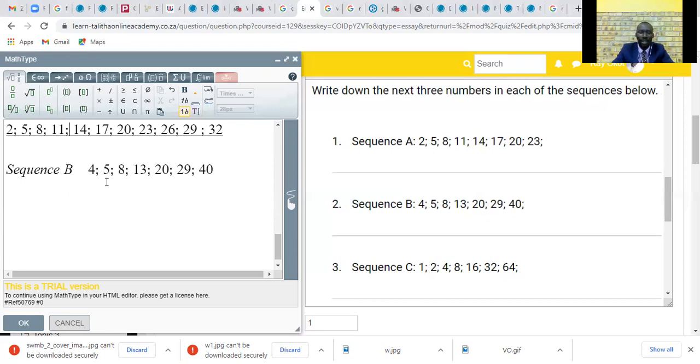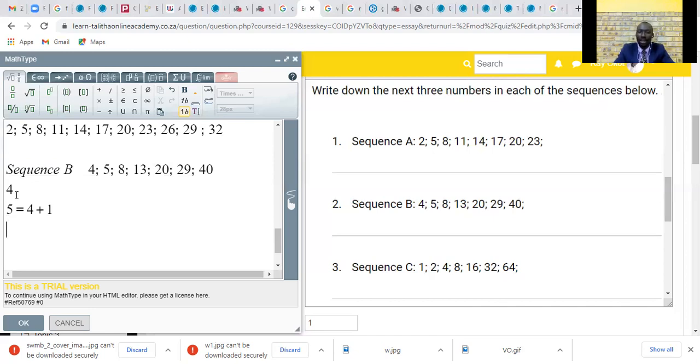What then happened for us to move from 4 to go to 5? Now, notice that what happened here is that something was added to 4. The first number being 4. To get the second number, which is 5, we would like to think that onto 4, something was added.